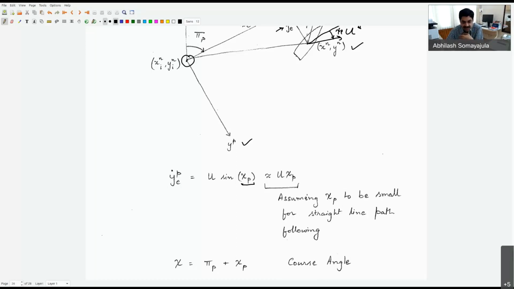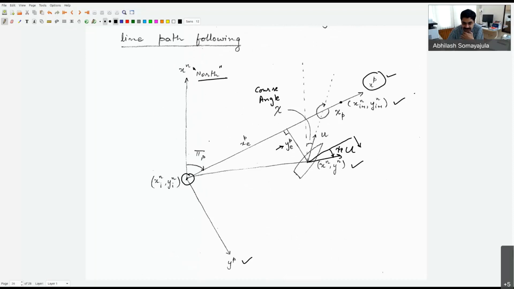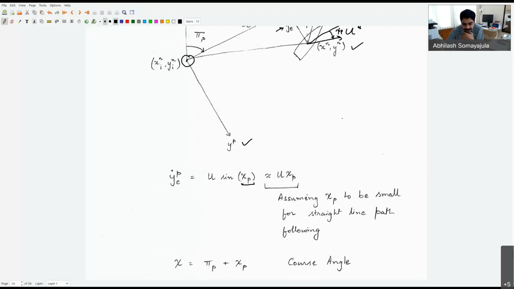I'm not looking at very large deviations here. Now, it is easy to see that chi and chi_p are basically related by this expression: chi is equal to psi_p plus chi_p.